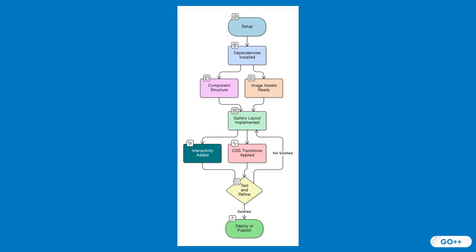World of web development. Let's start by exploring the core concepts that make interactive image galleries possible. At the heart of our project is React, a powerful JavaScript library known for its component-based architecture. This allows us to break down our gallery into reusable components, making it easier to manage and scale.